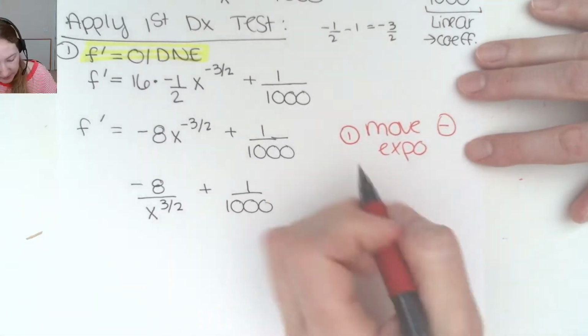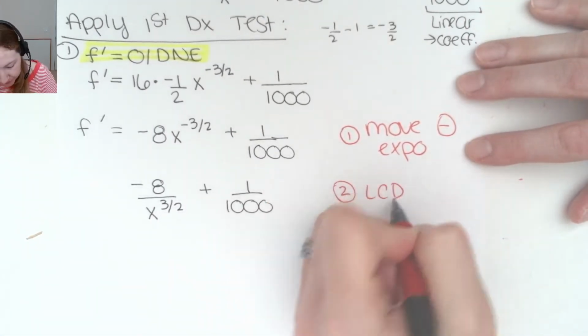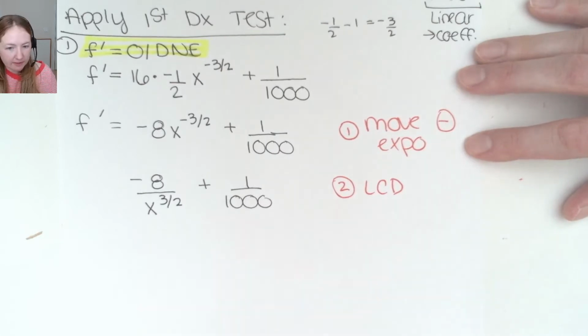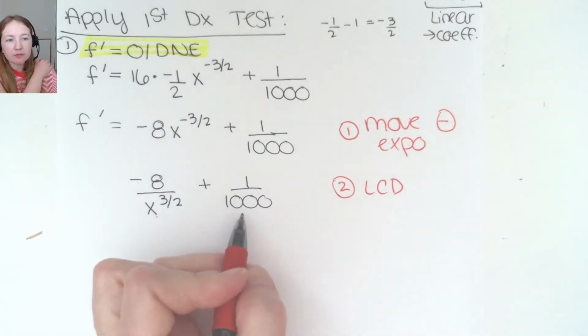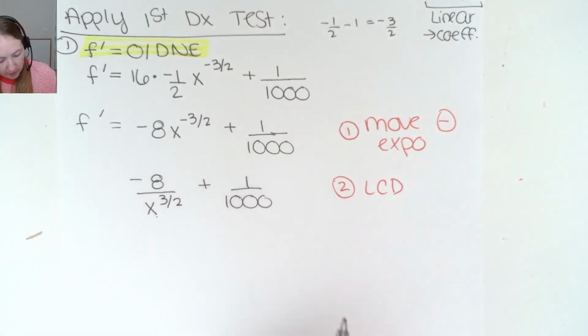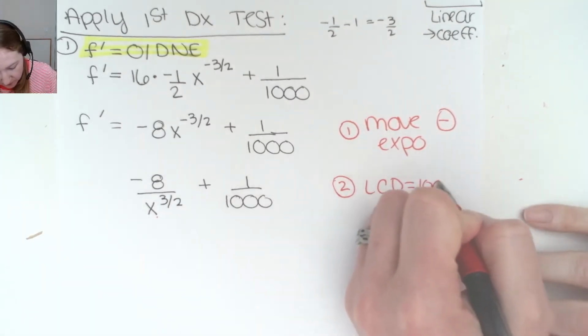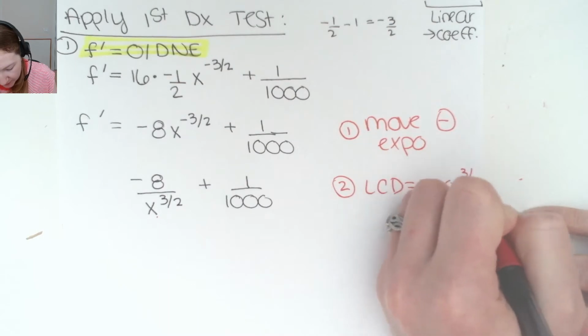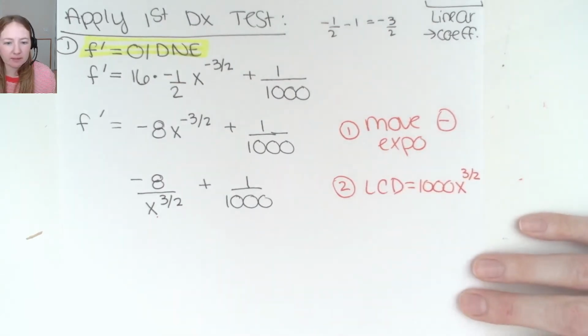Then I am going to get an LCD. I have two completely different denominators, so I'm going to multiply those together. I will have 1,000 times x to the 3/2 as my LCD.